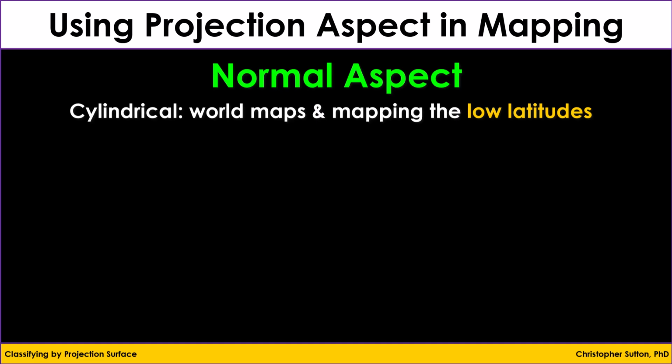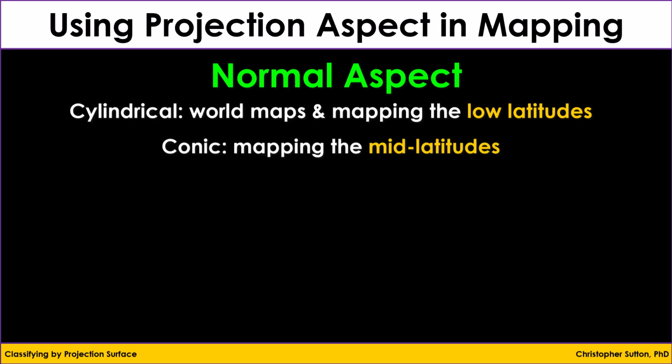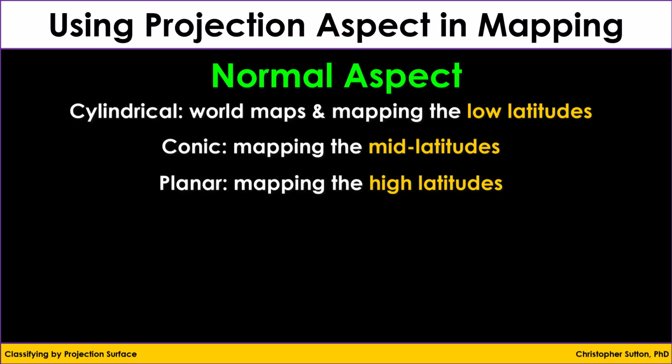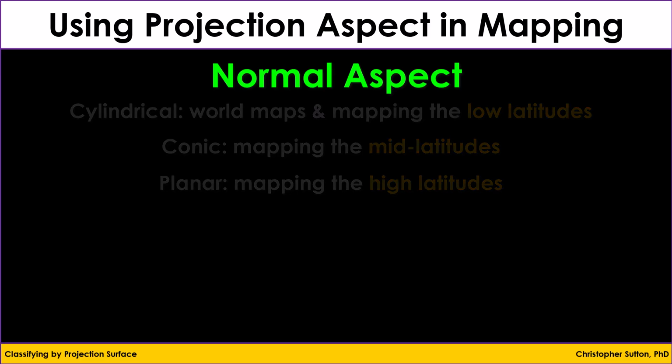Cylindrical projections using a normal aspect are used for world maps and mapping the low latitudes. Conic projections using a normal aspect are used when mapping the mid-latitudes. Planar projections using a normal aspect are used for mapping the polar regions.